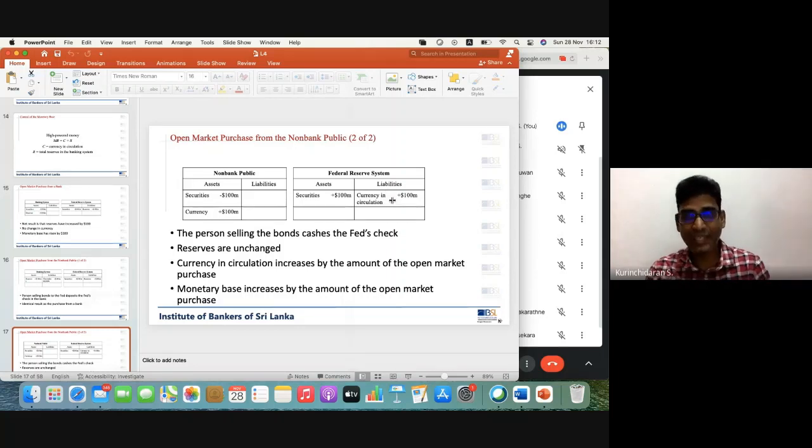So now you have to think two ways. The central bank can get the securities and credit the reserve account or pay back currency. If it is a reserve account, the liability under reserve account will increase, or the currency in circulation, which is also listed in liabilities, will increase.